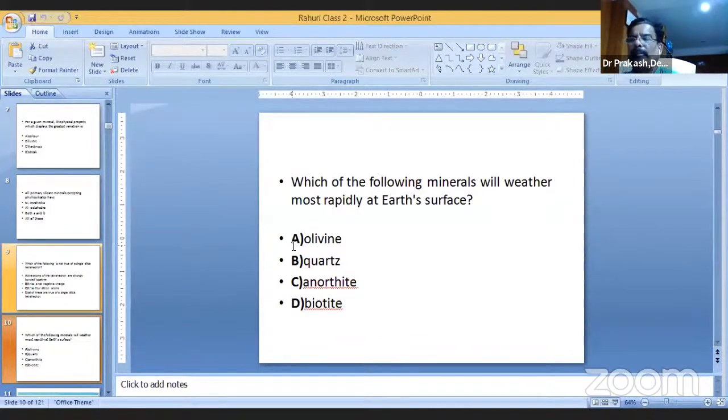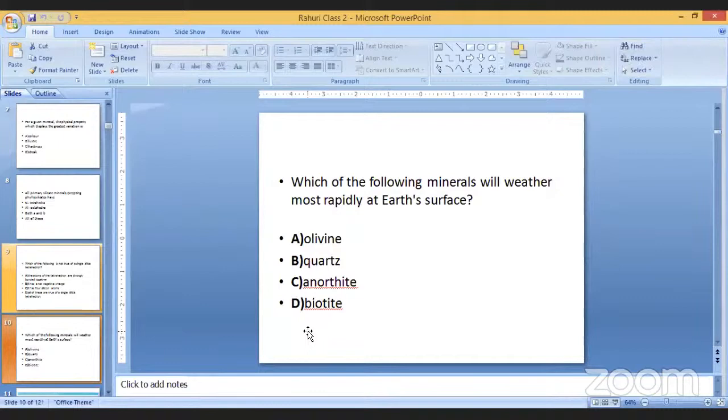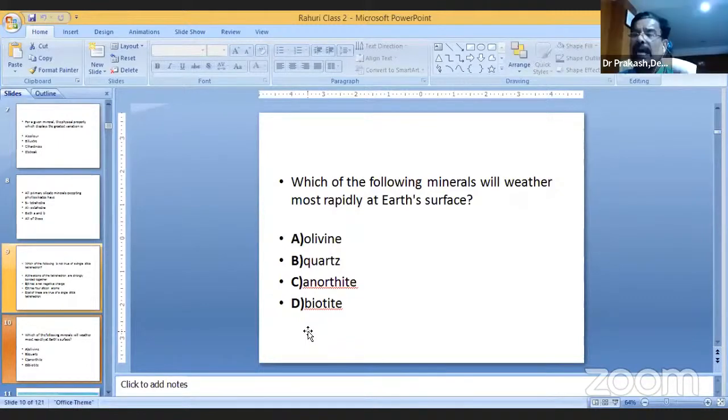And also iron is there. Just imagine if iron in biotite or olivine gets oxidized, what is the form that it can form? Fe2+ is oxidized to Fe3+. When Fe3+ is formed, definitely one of the monovalent cations has to leave the structure.